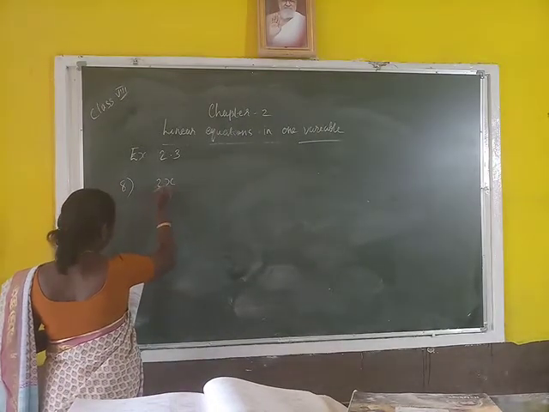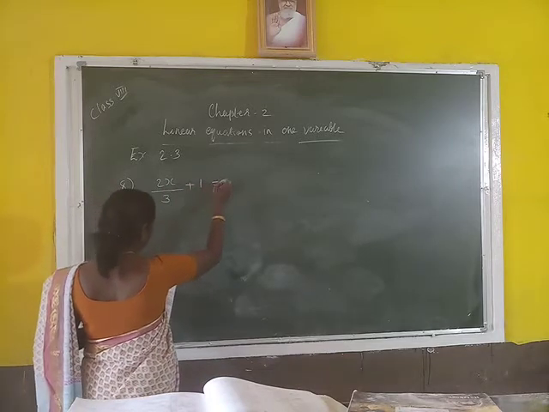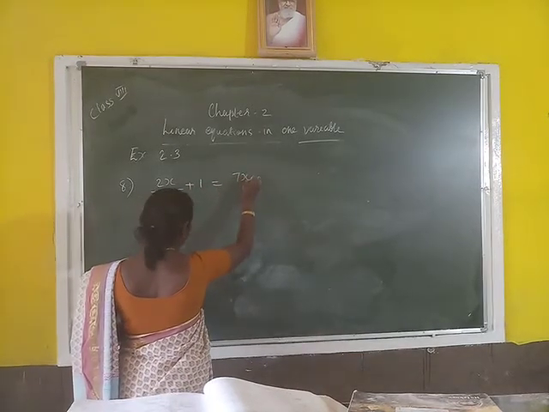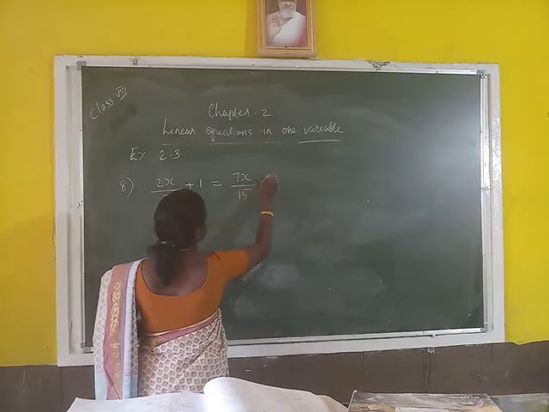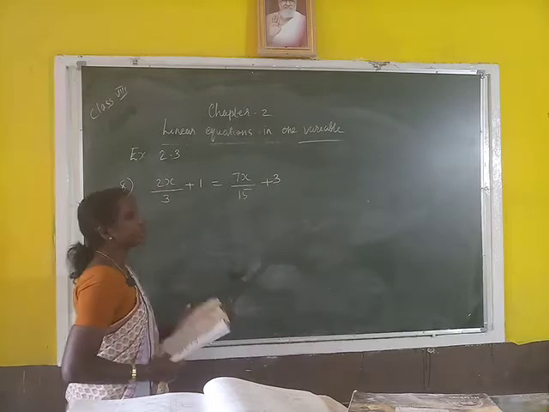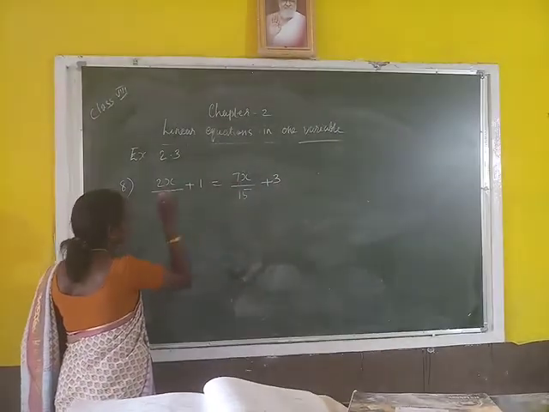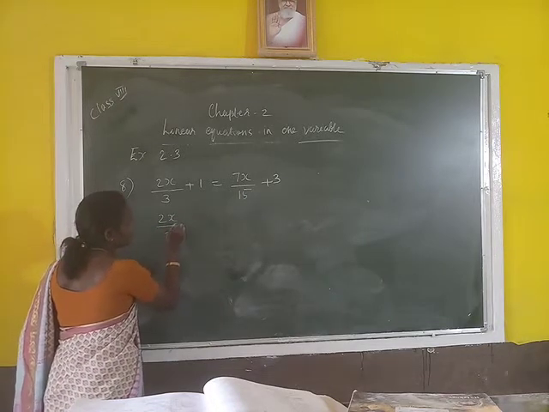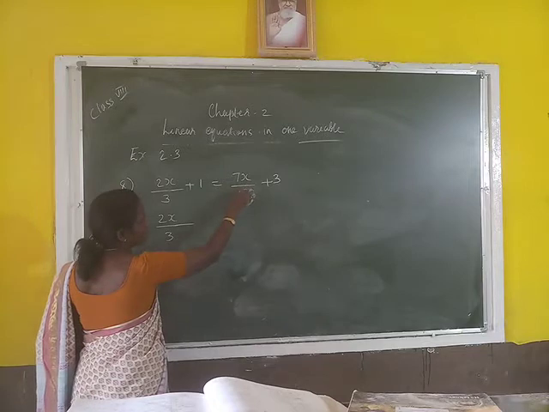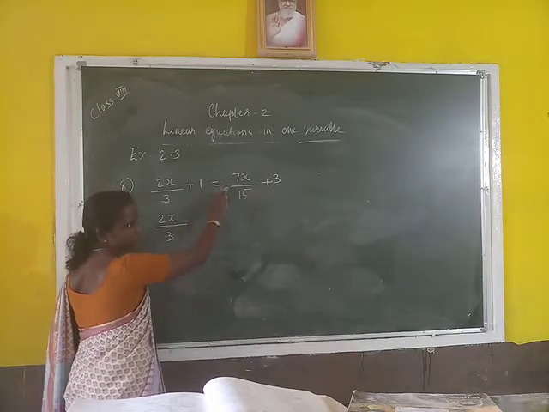2x by 3 plus 1 is equal to 7x by 50 plus 3. Look at this variable and this number. So 2x by 3, this variable goes to which side? Left side. What is its sign? Positive.